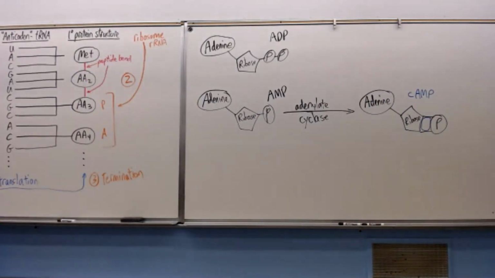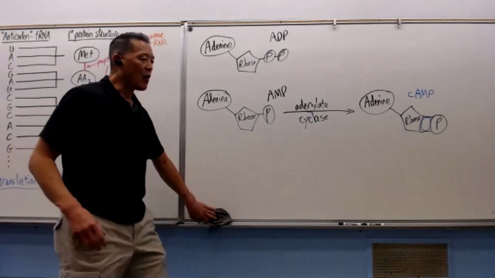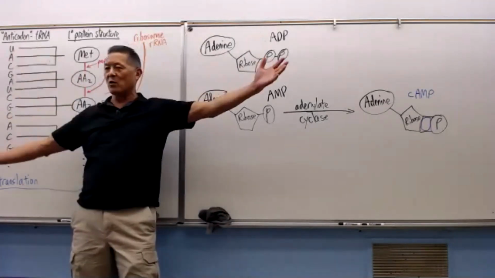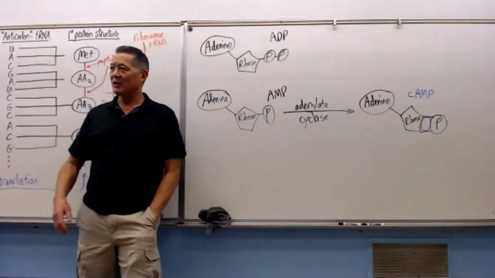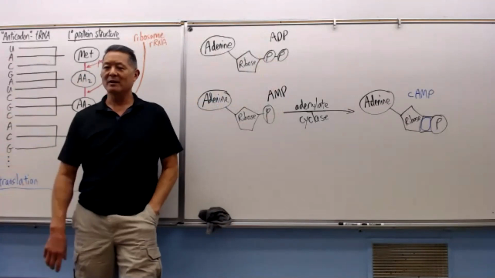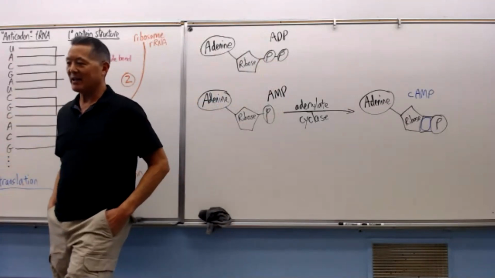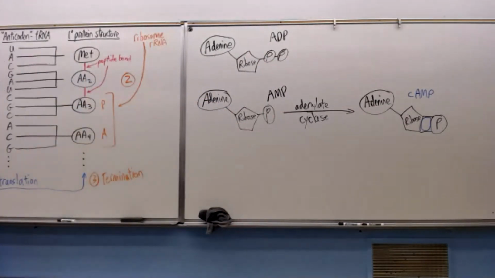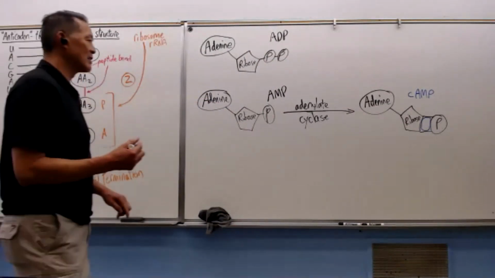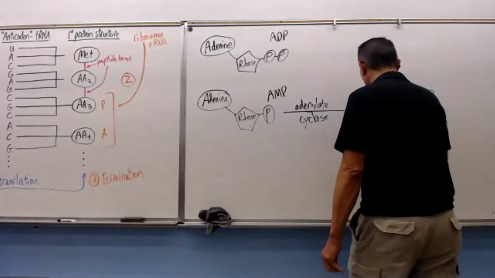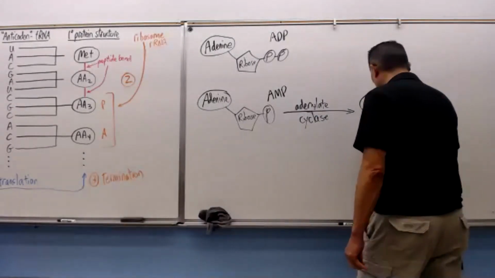And the reason why I want you to know it is we'll see it again during the semester. We have hormones that signal throughout the whole body. We have neurotransmitters that go a really short distance. Well, cyclic AMP is an intracellular messenger. And we'll see it again later in the semester.